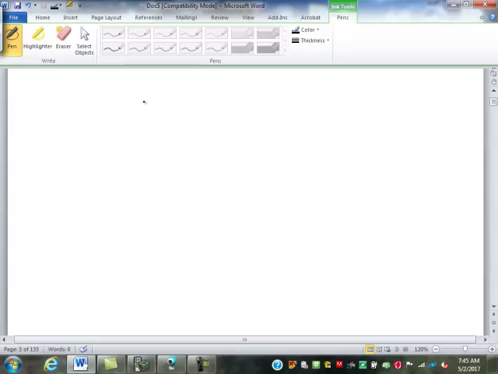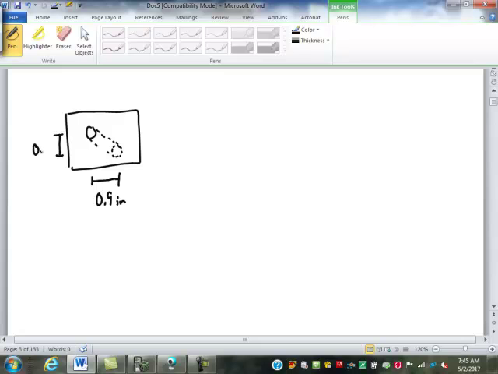So from now on, I'm not going to bother drawing out the whole block anymore. I might do this, where I tell you center to center this way, it's 0.9 inches. Center to center this way is 0.7 inches. And the thickness of the material is 1.8 inches.